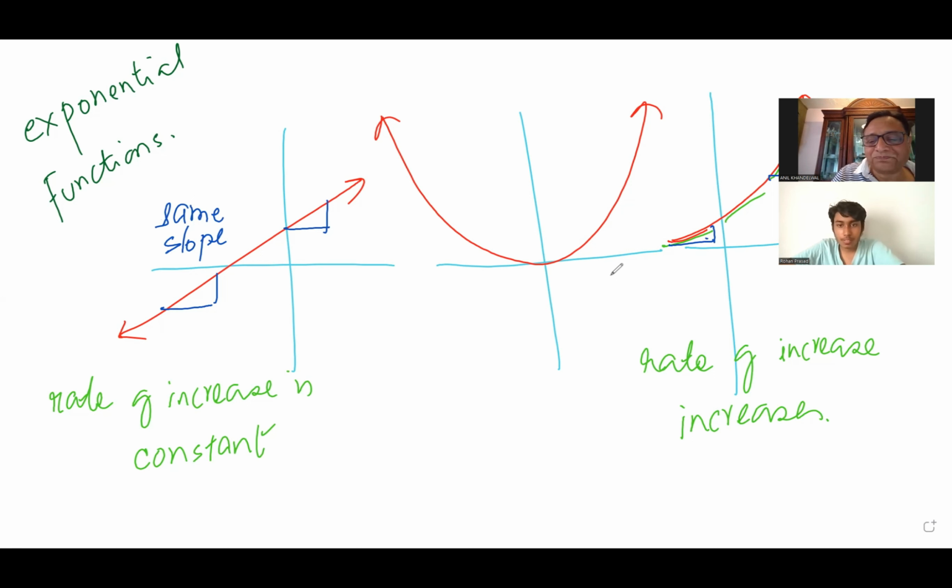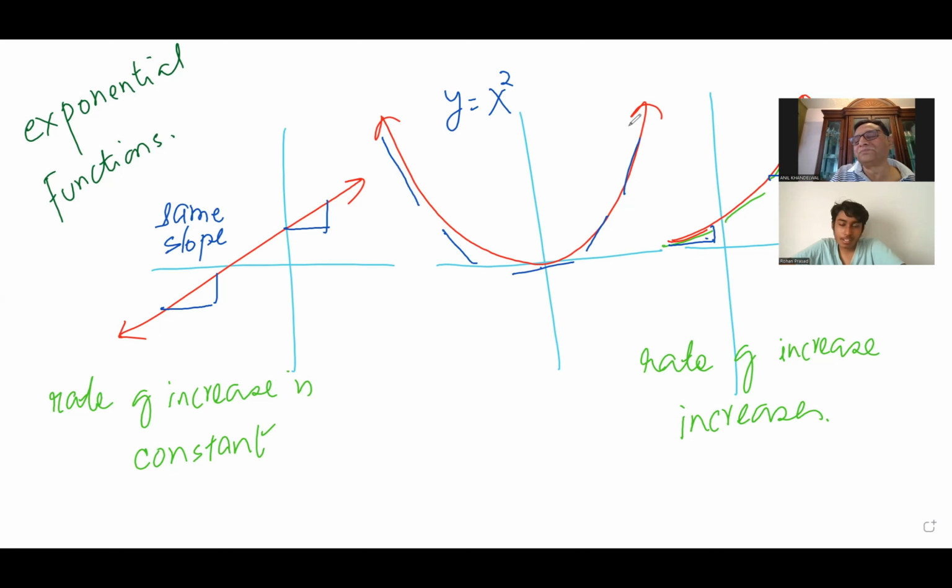Can you describe the rate of change for a quadratic function, x squared? How does the rate of change change for a quadratic function? No, you see, it is negative here, right?